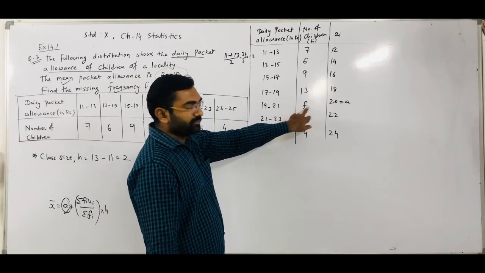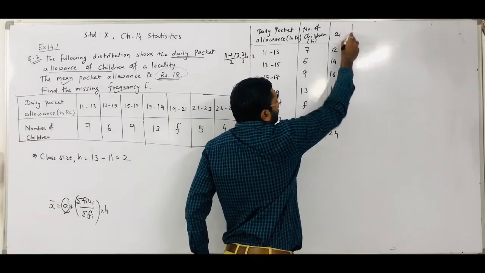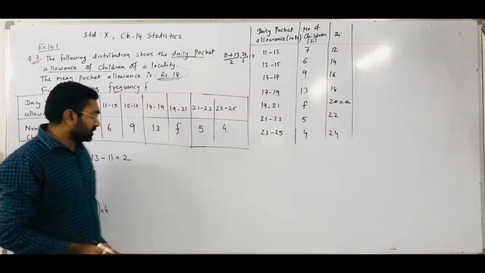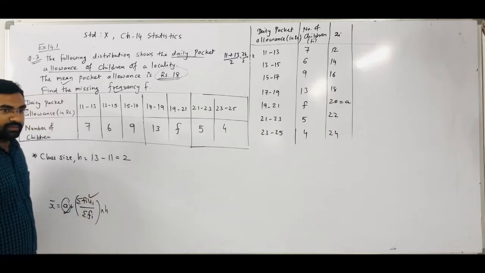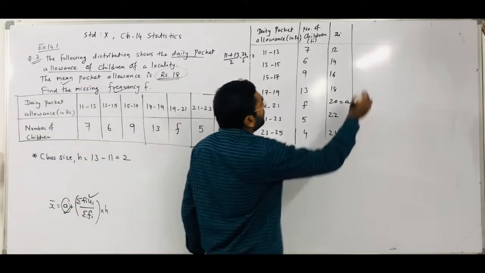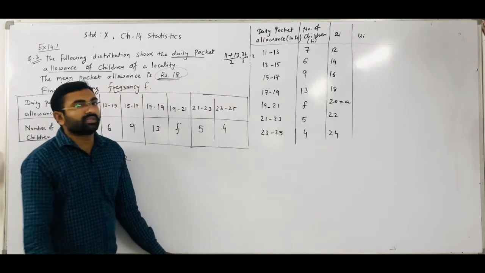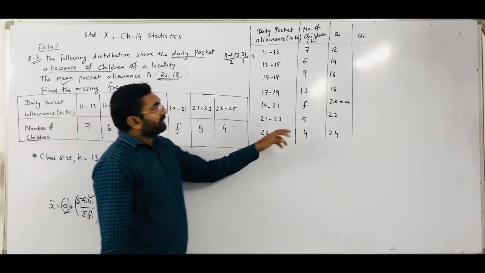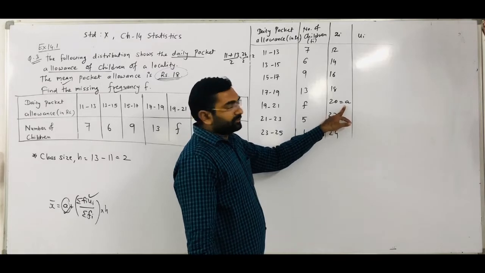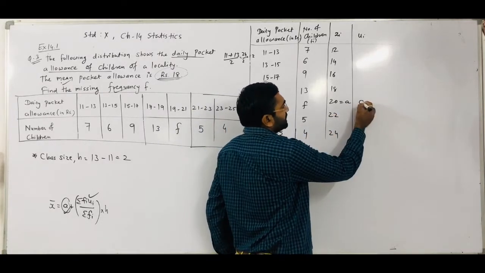Now, in the equation we require the ui value, so we make a ui column next. In the previous sum we discussed that whenever you take the a value, its ui value is always 0.